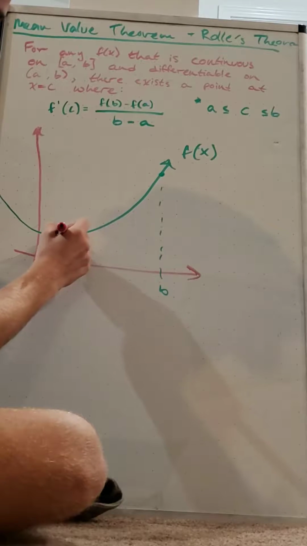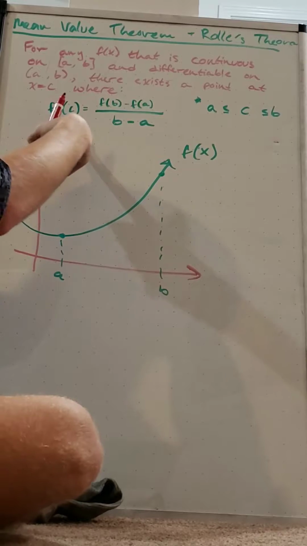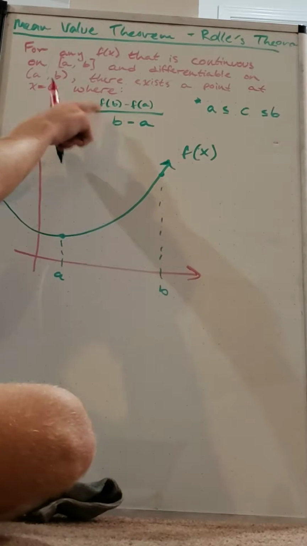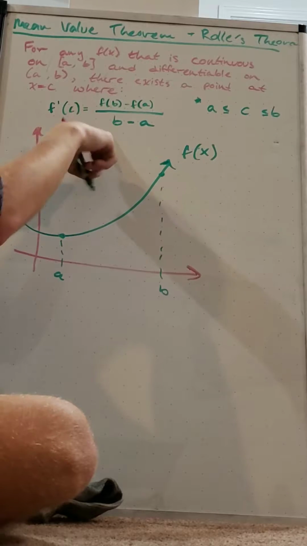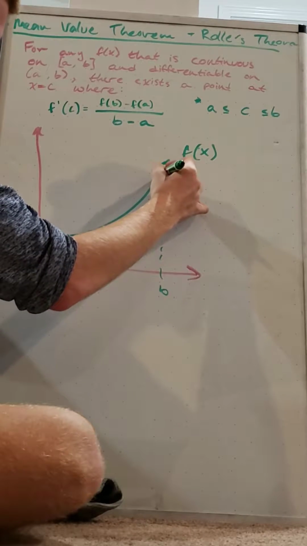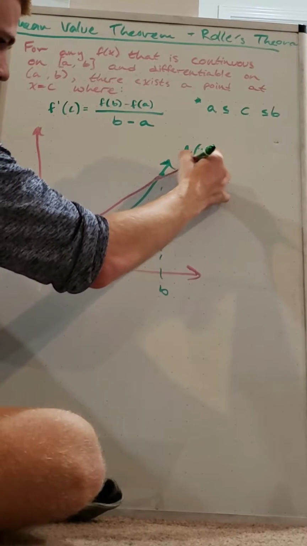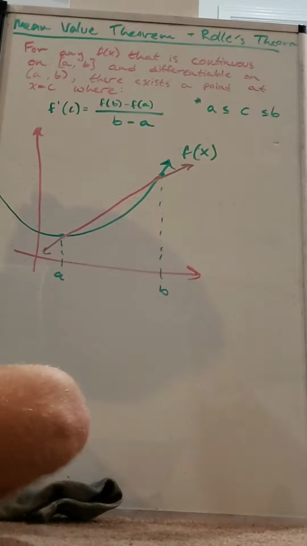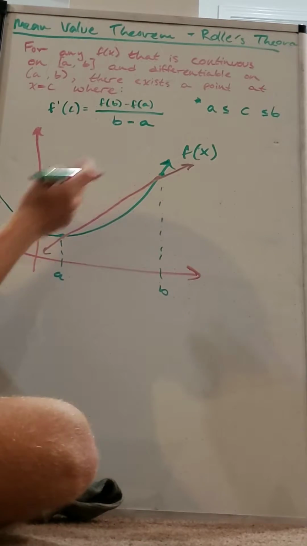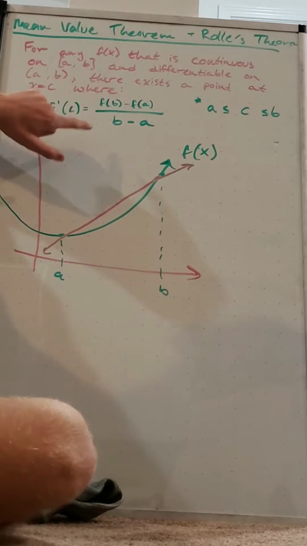What you may notice about this equation is that this is actually the slope equation, like it has the y2 minus y1 over x2 minus x1. So we can say that this is the slope of the line between these 2 points, right? There's just some point where the derivative equals the slope of that.